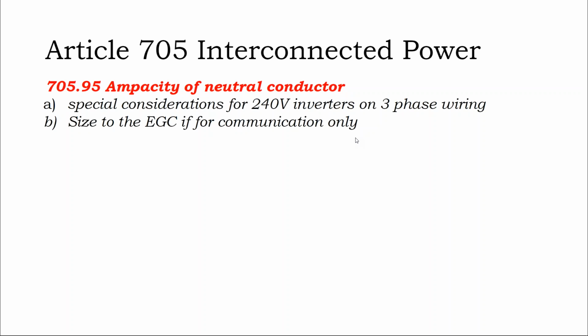On three-phase 240 volt, you may not be able to undersize the neutral. I think that's what it is. Just know there's a special exception there. Or there's another exception that says if the neutral isn't needed by the inverter to function, then you can just size it to be the equipment ground conductor size. We talked about that in the early part of class.